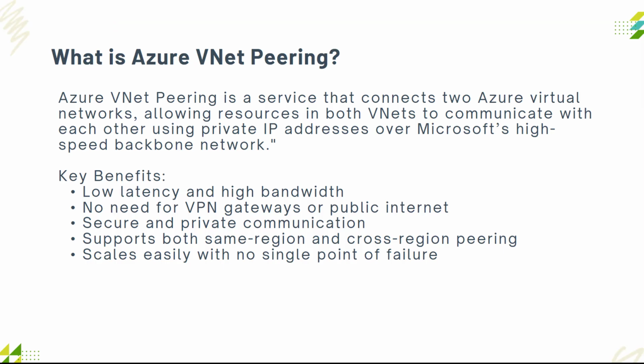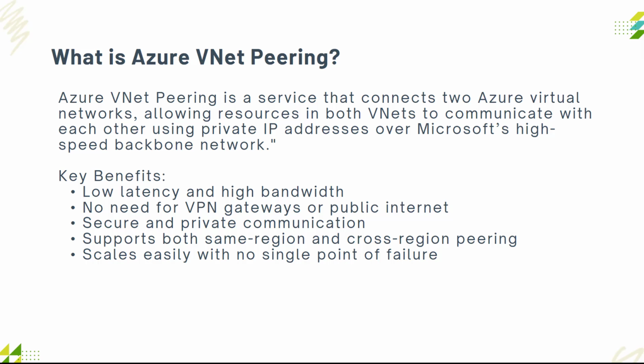If I ask what is VNet peering, what is the definition? VNet peering is a service that connects two virtual networks, allowing resources in both VNets to communicate with each other using private IP addresses, and it uses the Microsoft high-speed backbone network.